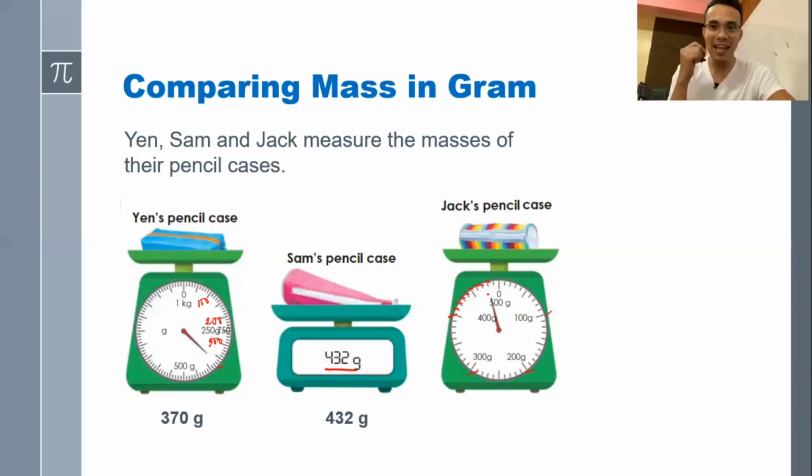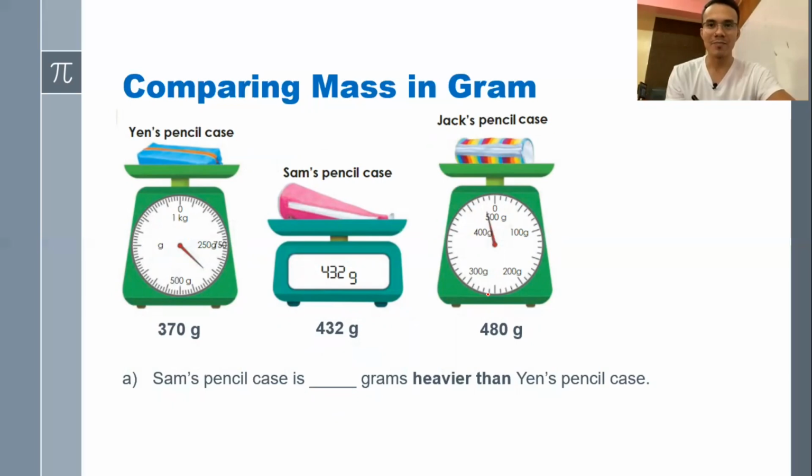480. That's the mass of Jack's pencil case. Next question. Sam's pencil case is blank grams heavier than Yen's pencil case. This item involves comparing. How did I know?